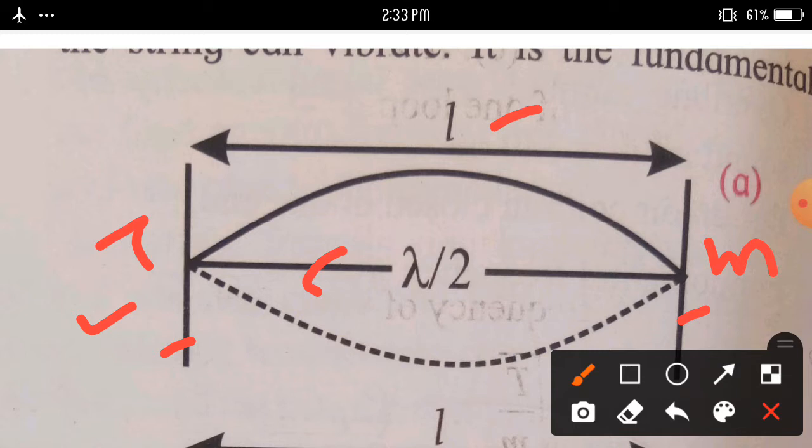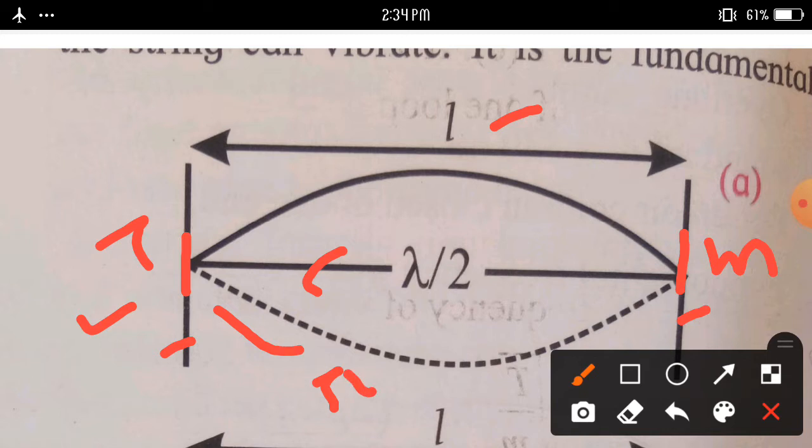When the wave reaches the two fixed ends, it gets reflected, with a change of pi radian in phase.